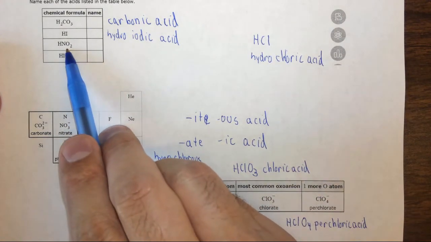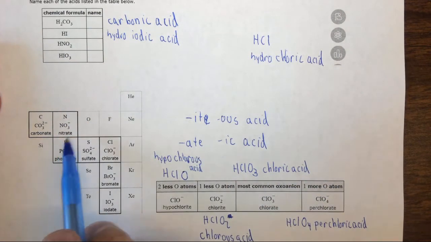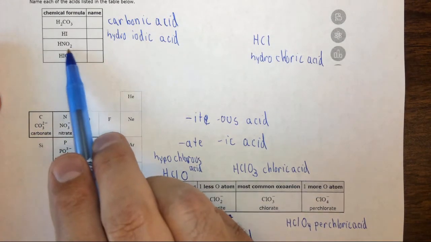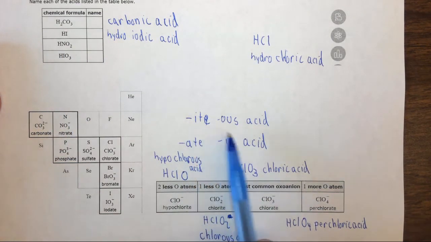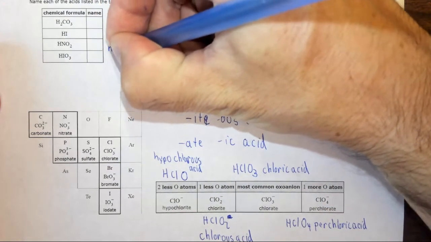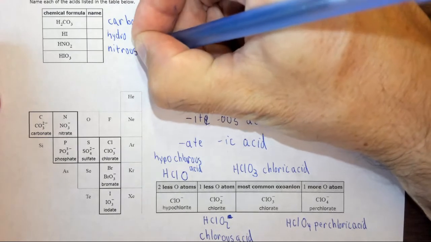Here we have HNO2. Well, NO3 is nitrate. Therefore, NO2 is nitrite. So if this is nitrite, the polyatomic ion, for ites we use OUS acid. So this is nitrous acid.